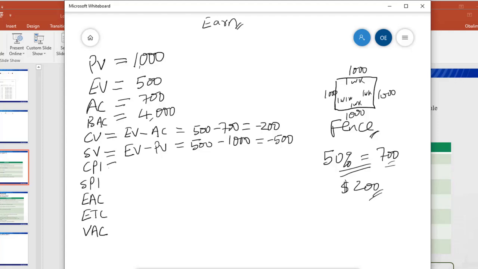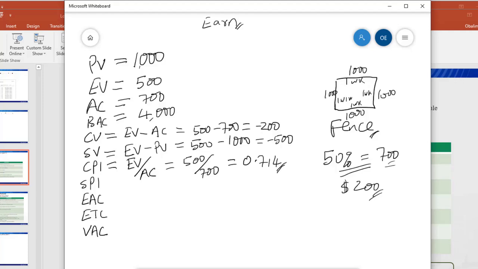Then we talk about the cost performance index. The formula for the cost performance index is our earned value divided by our actual cost. In this case, it's 500 divided by 700, that's 5 over 7, which will give us 0.714.